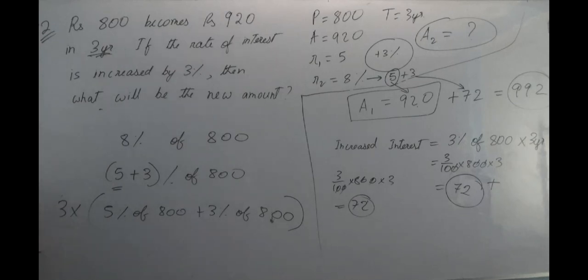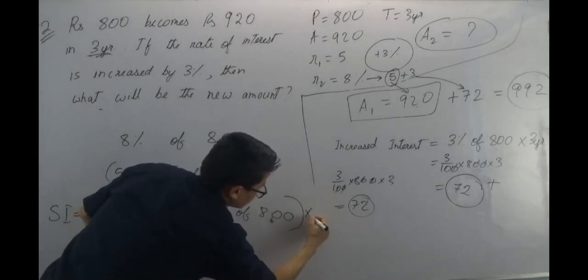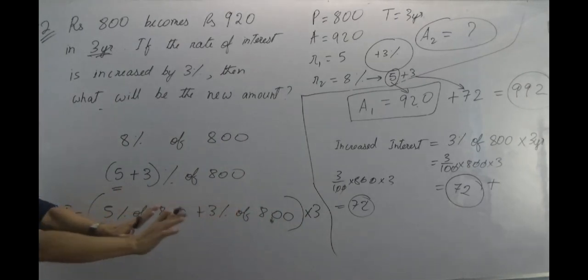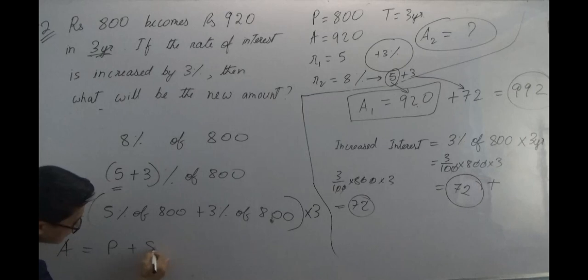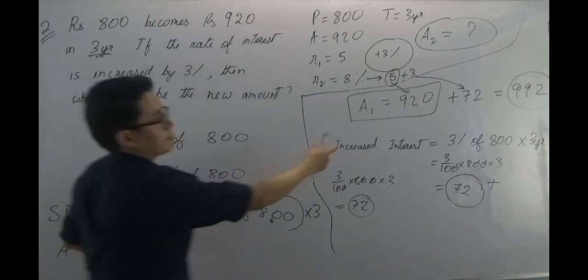Total simple interest, then multiply by 3, and add it to the principal.